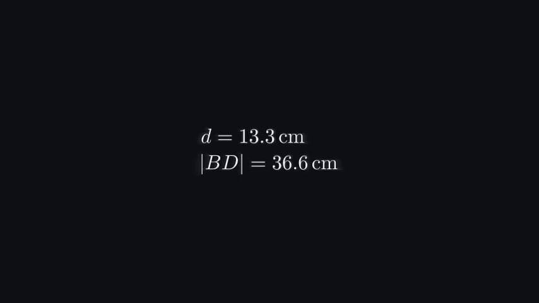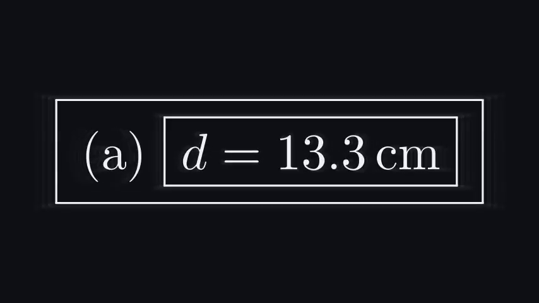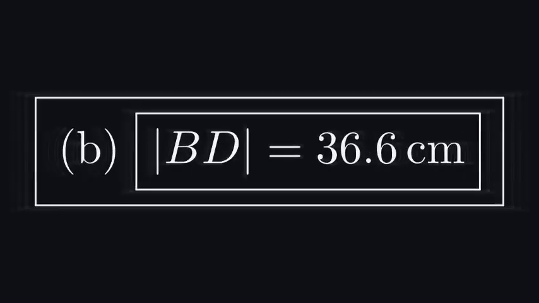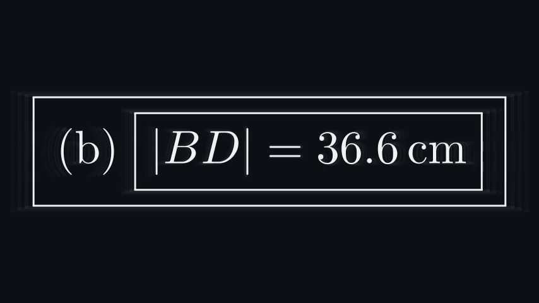Length of BD equals 36.6 centimeters. The final answers are d equals 13.3 centimeters and length of BD equals 36.6 centimeters, both correct to one decimal place. This framed result is the final answer for the question.